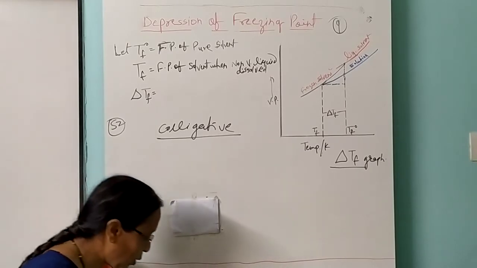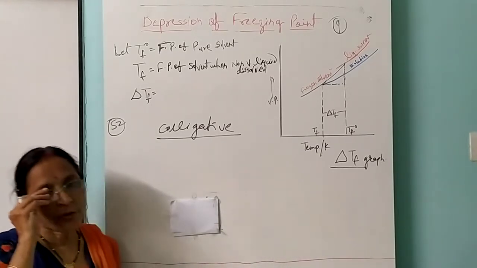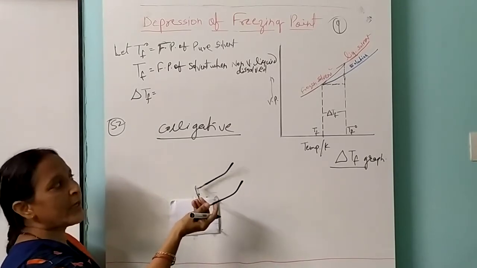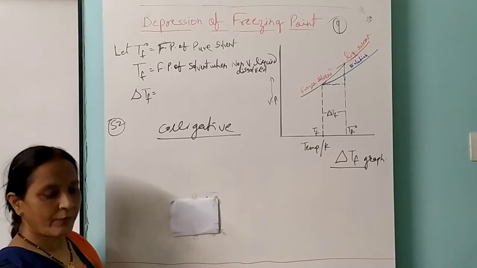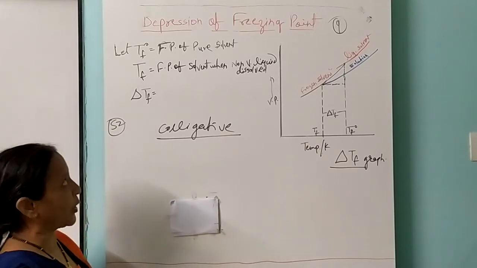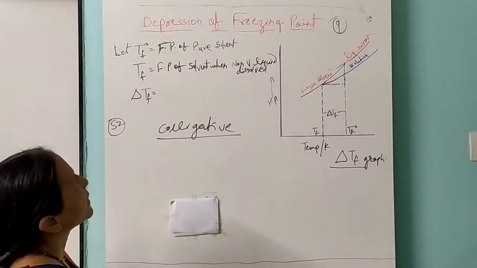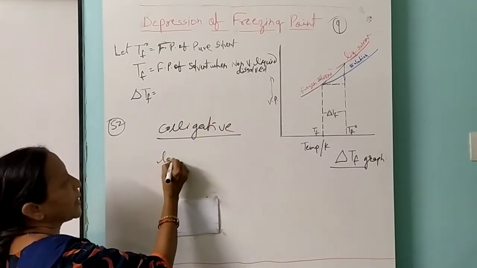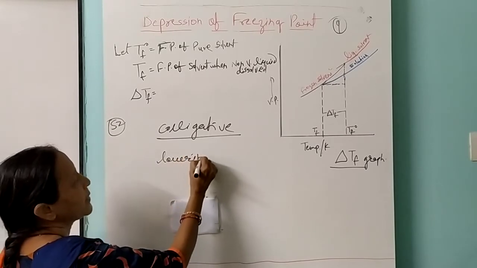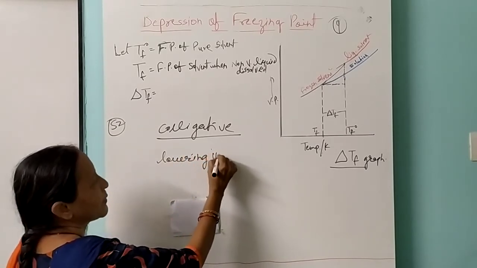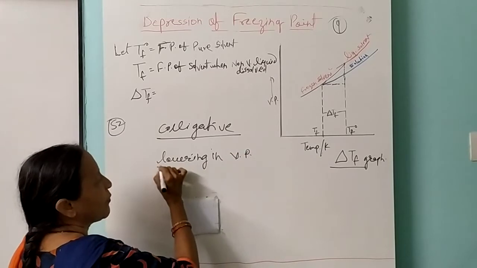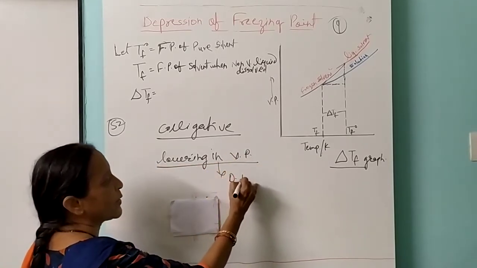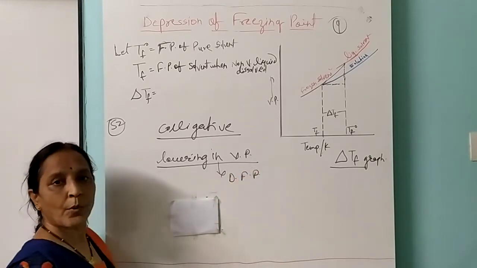In elevation of boiling point, there is an increase in vapor pressure, and then we calculate it. Now in depression in freezing point, there is lowering in vapor pressure. When the vapor pressure is lowered, we get depression in freezing point.